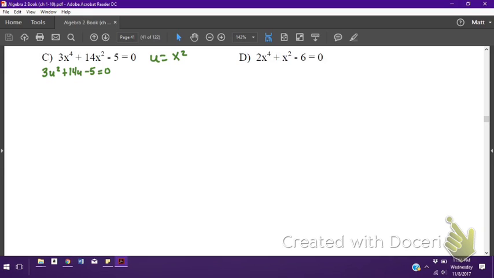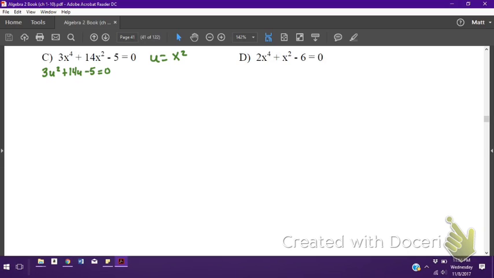Okay, so again, I'm taking the letter U and replacing it with the x squared. Now with x to the 4th, I have twice the amount of x squared, right? So that's going to be to the power of 2, so that means U squared would get us U to the 4th. So that's how I got the U squared down here at the bottom.